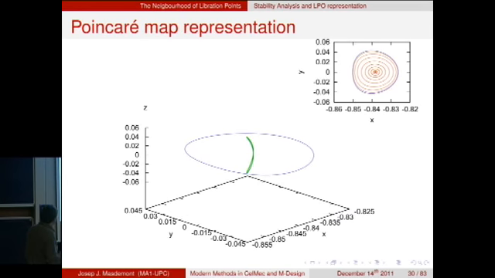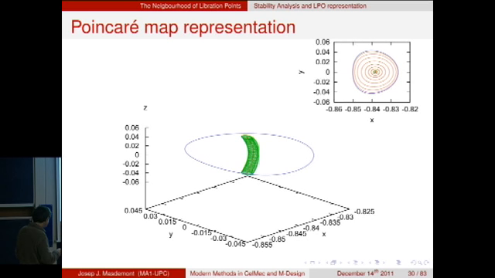For instance, in the Libration point regime, we have this thing here. This is the Poincaré map about L1 for a given level of energy, say. And this point here corresponds to a vertical orbit. It's an orbit that goes north and south of the ecliptic and crosses this point here.